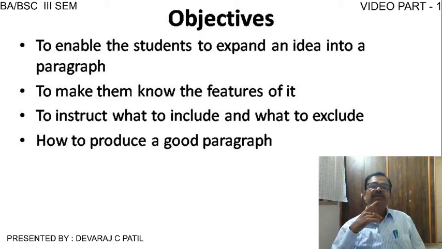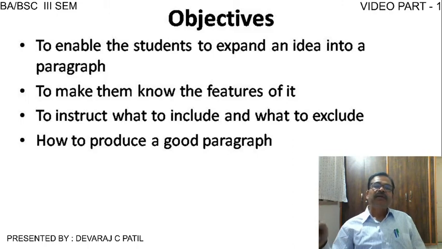The students will be enabled to expand an idea into a paragraph, because it is very important that whatever they understand should be expressed in a paragraph while they write answers in the examination. That's why knowing what a paragraph is is very important.